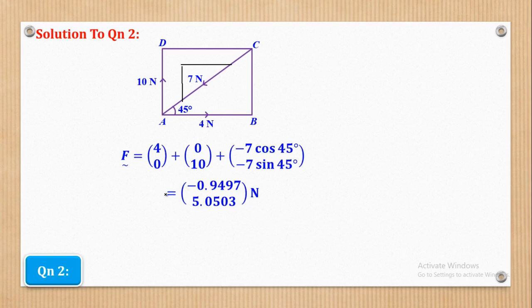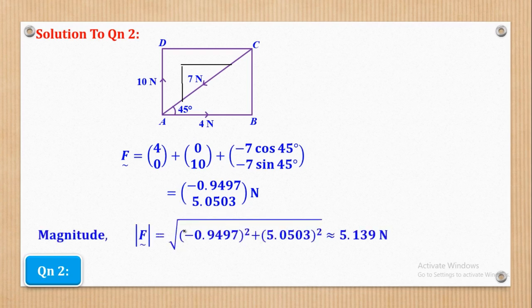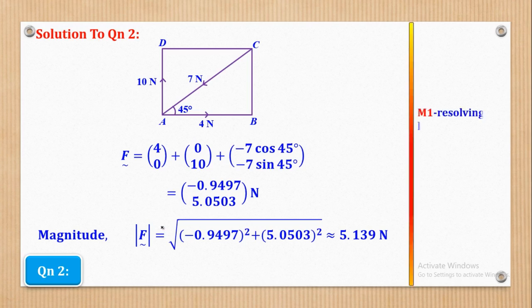But remember they want the magnitude, so we shall say that the magnitude will be equal to the square root of negative 0.49497 squared plus 5.0503 squared. And when I use a calculator, I'll come up with my magnitude as 5.139 newtons.